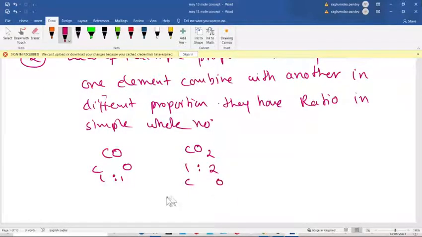So what it says is that the ratio of oxygen in carbon monoxide and in carbon dioxide is 1 is to 2, and that is a simple whole number ratio. So that is your multiple proportion.